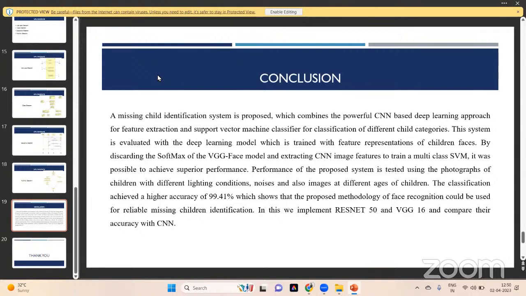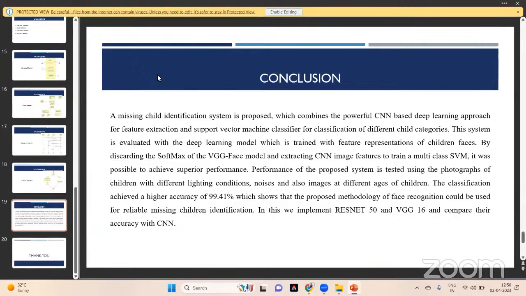So you said that if anybody is outside, they will be seeing and uploading the photos of the missing children, right? The public will be uploading the images, right?